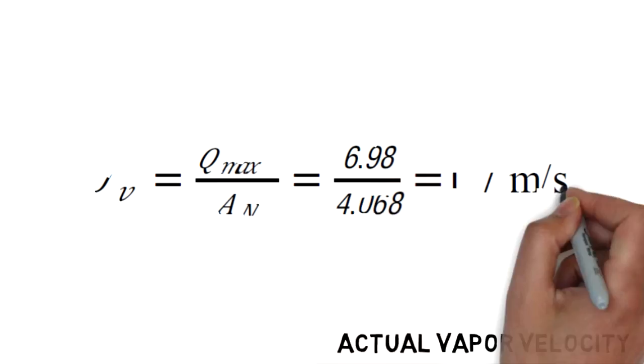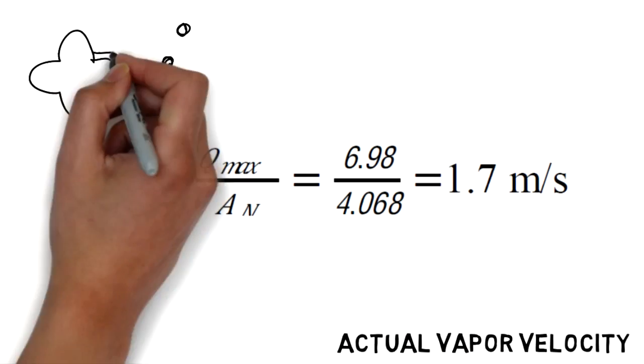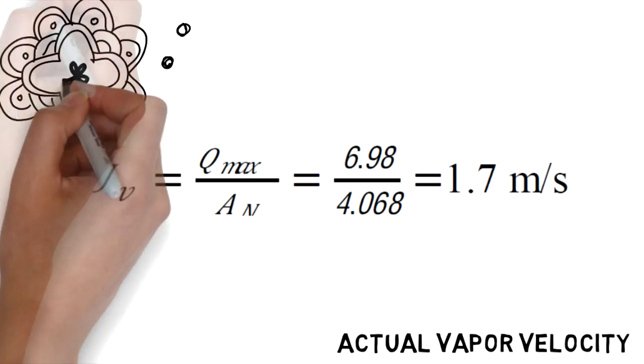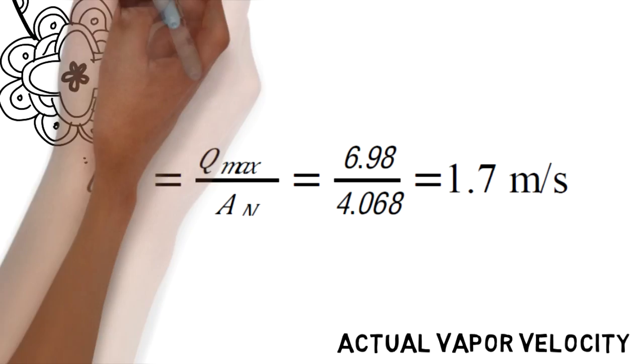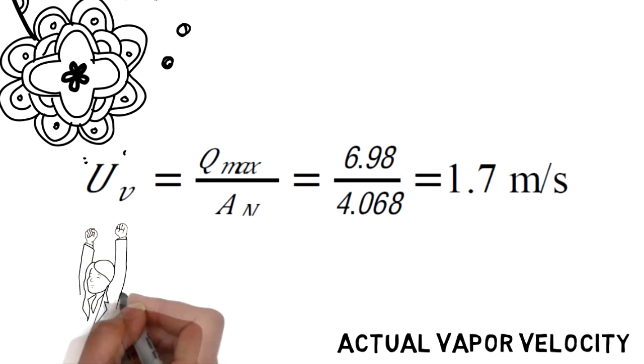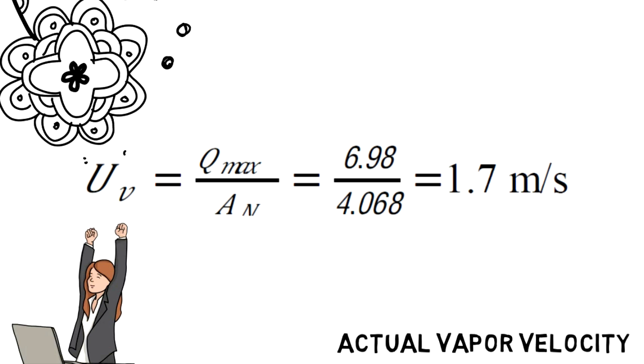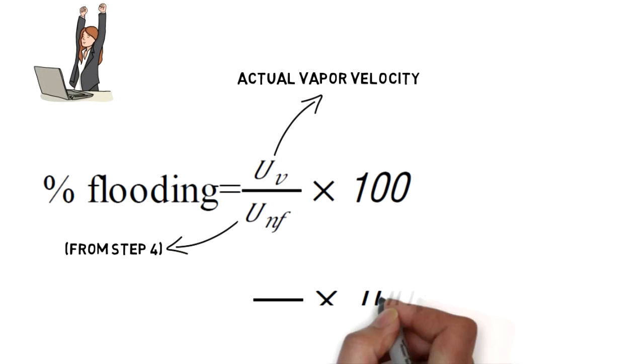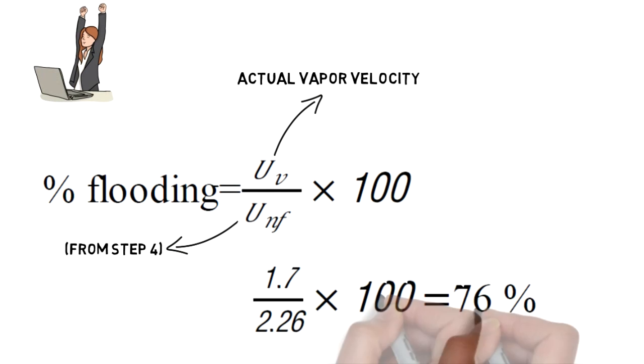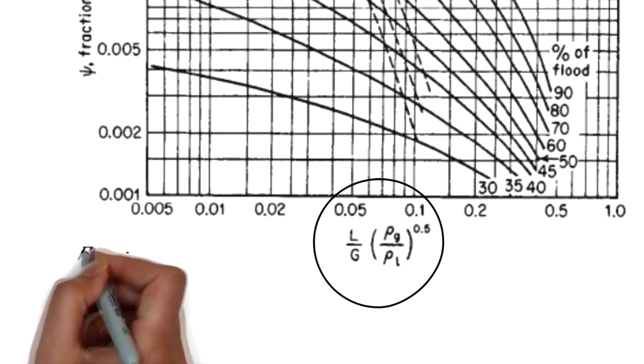The actual vapor velocity is calculated using this formula, Qmax over AN. Substituting the values, we get 1.7 meters per second. Substituting the actual vapor velocity into the percent flooding formula, we get this value.